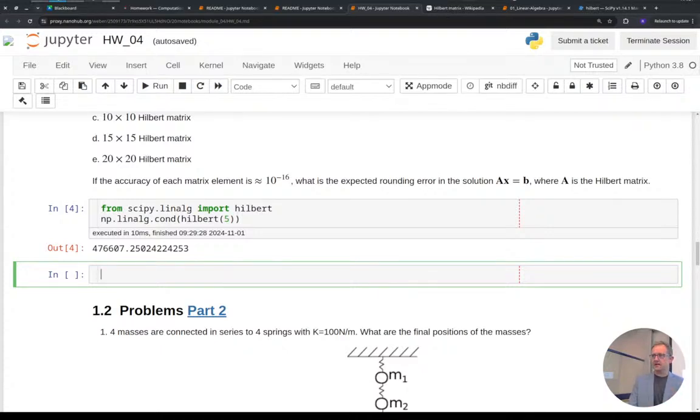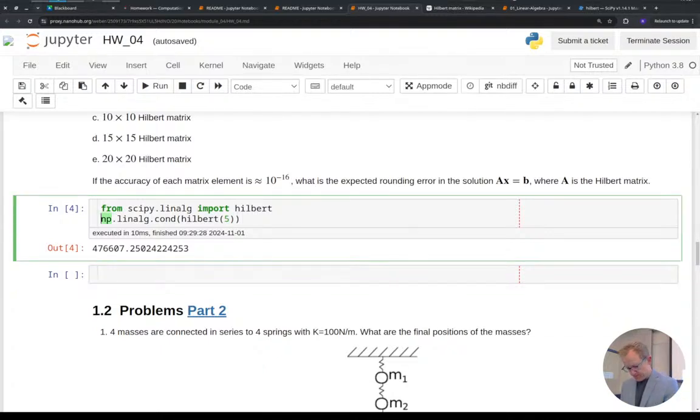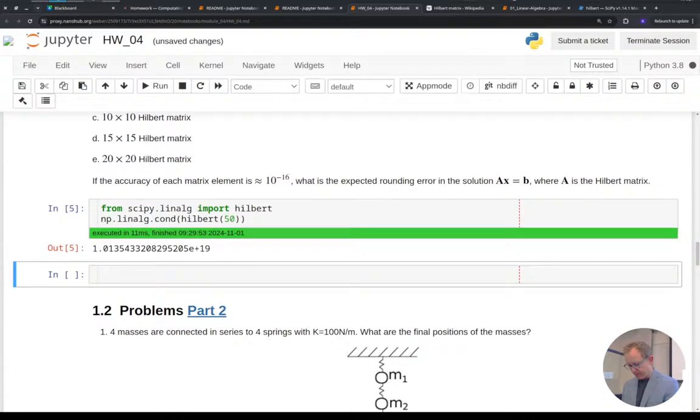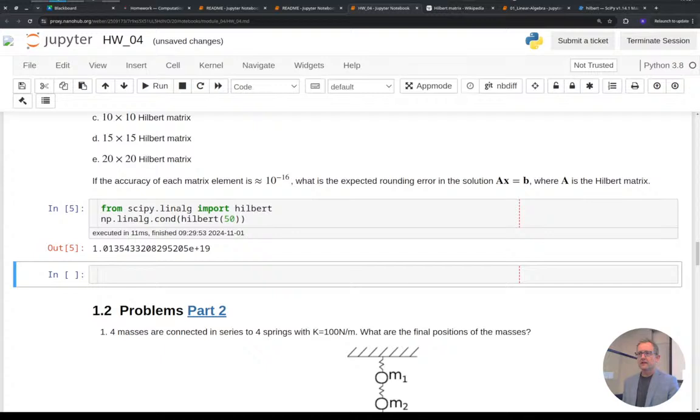It's not our single linear equation that we're trying to solve. Versus a 50-by-50 Hilbert matrix, now we're talking about 10 to the 19. So as we try to solve this, the error we would introduce would be 10 to the 19 minus 15, so about 10 to the 4 sort of error.